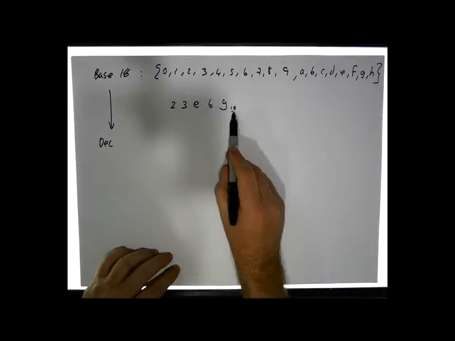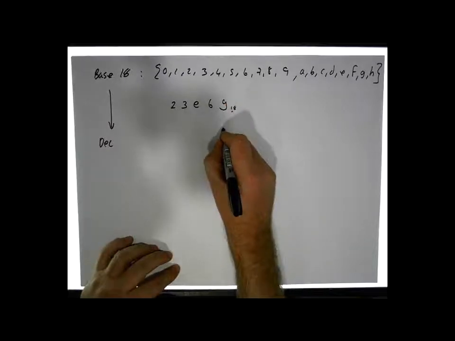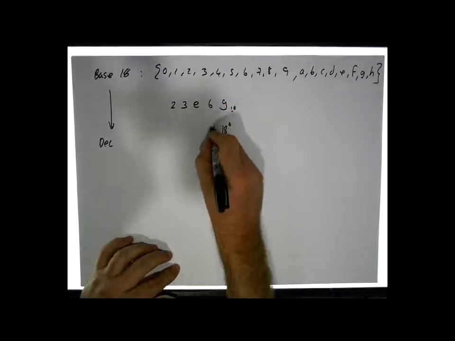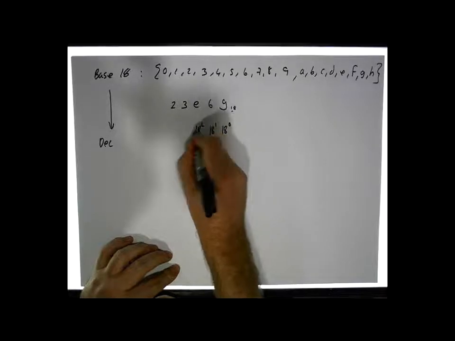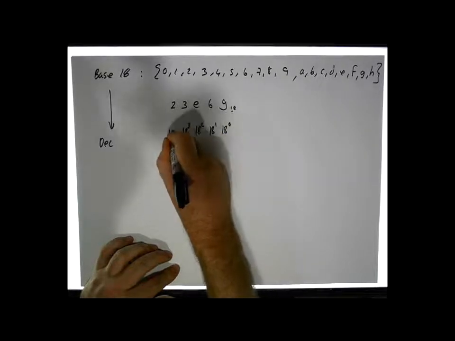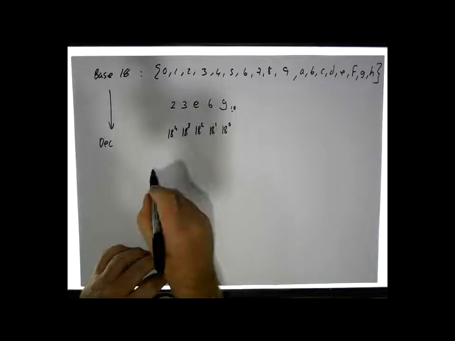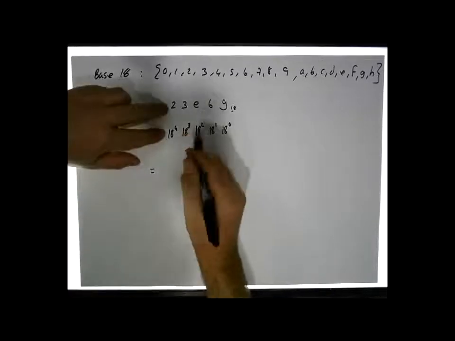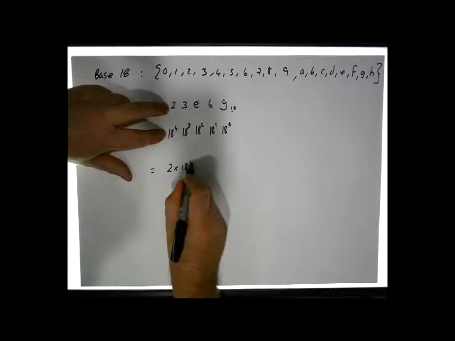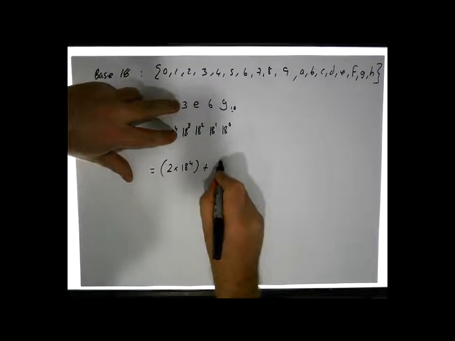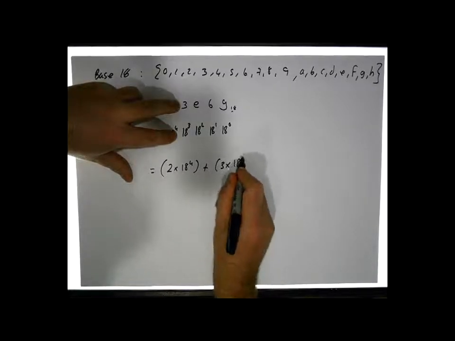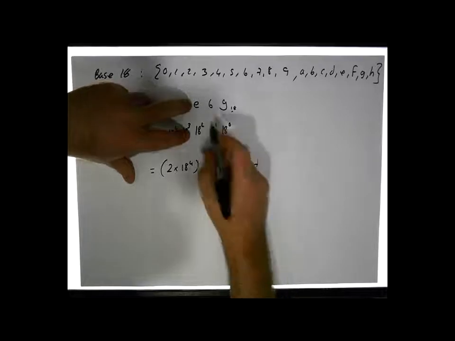It represents how many multiples or powers of 18 there is. So this G represents how many 18s to the zeros, 18s to the ones, 18 squareds, 18 cubes, 18 to the fours. So effectively, this number has 2 18 to the fours plus 3 18 cubes plus E 18 squares.